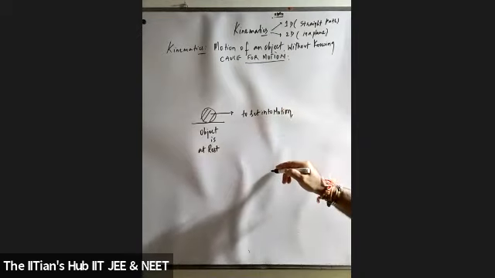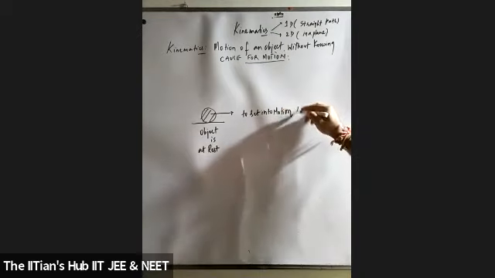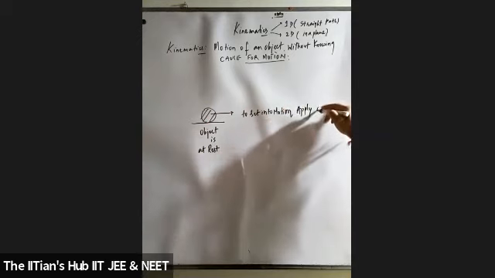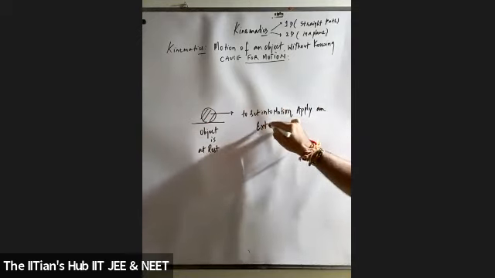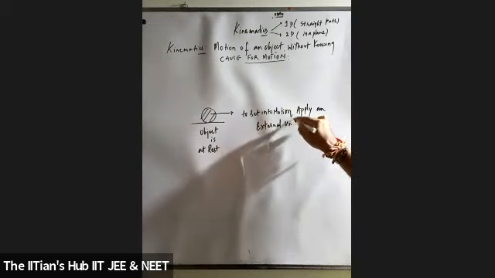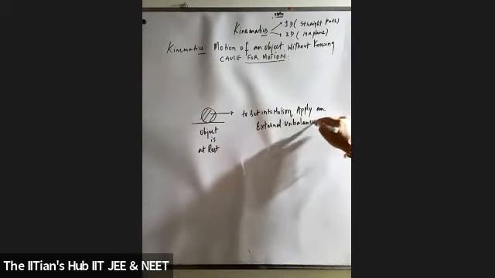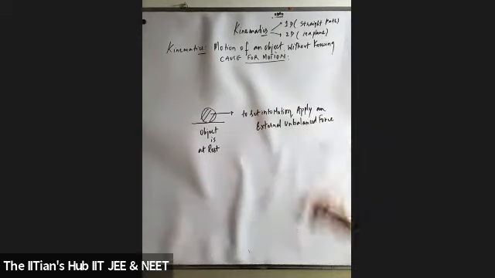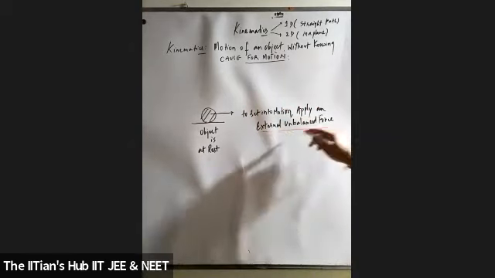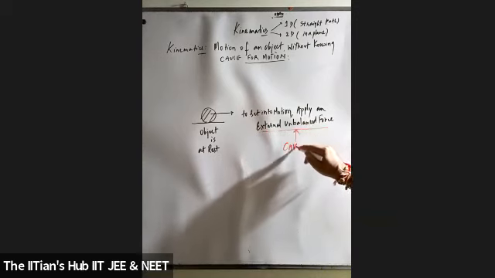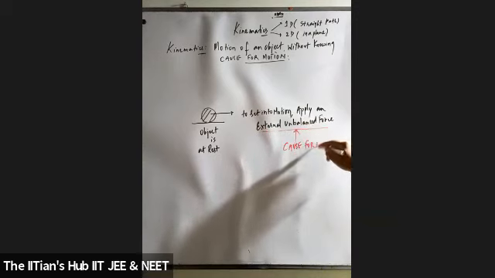Students, क्या करोगे तुम? Sir, apply force. Yes, apply an external unbalanced force. अगर मैं external unbalanced force apply करता हूँ तो ये क्या बन जाता है? सर, ये होगा cause for motion.